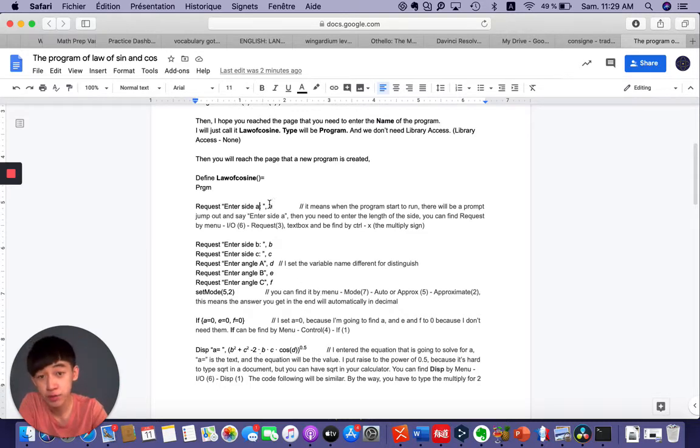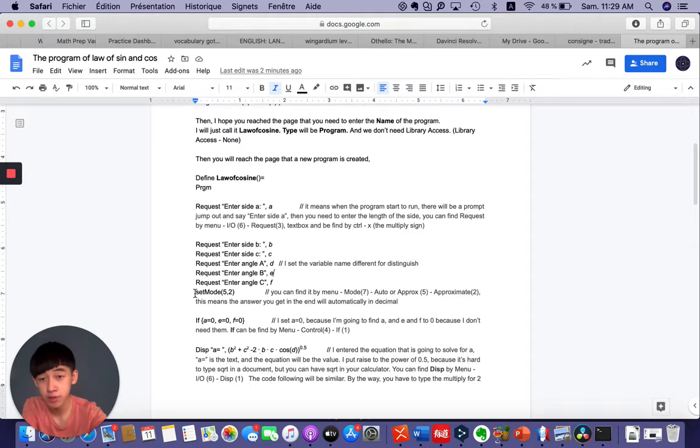Here you need to be sure that these are the variable names and they must be different, and these are just the text, which is different from the variables, because the text doesn't matter to the function, while the variables are the ones that matter to the function.